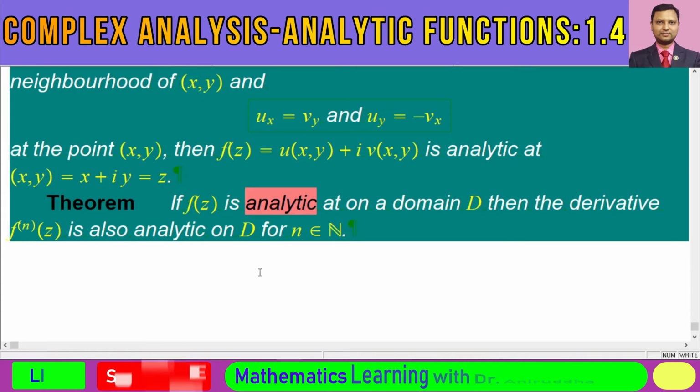That is one of the important properties of analyticity.